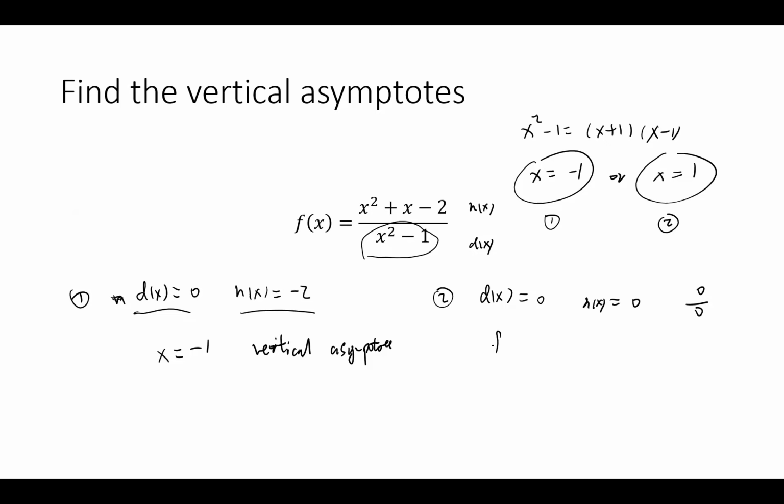Now f of x becomes, we take the limit, of course, with x still approaching 1. We perform the algebraic simplification, and the numerator function becomes x minus 1 times x plus 2.